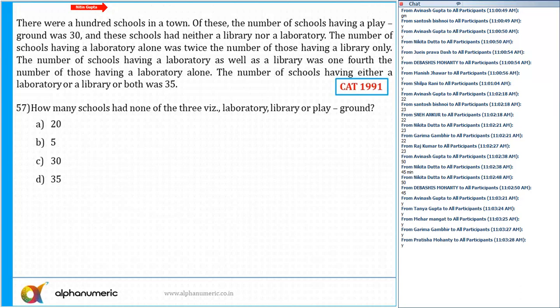Those who are using the mobile phone, have you joined our WhatsApp group? I'm going to share all these questions on the WhatsApp group, and from there you can access the questions and participate in the discussions after 50 minutes. Is that okay?